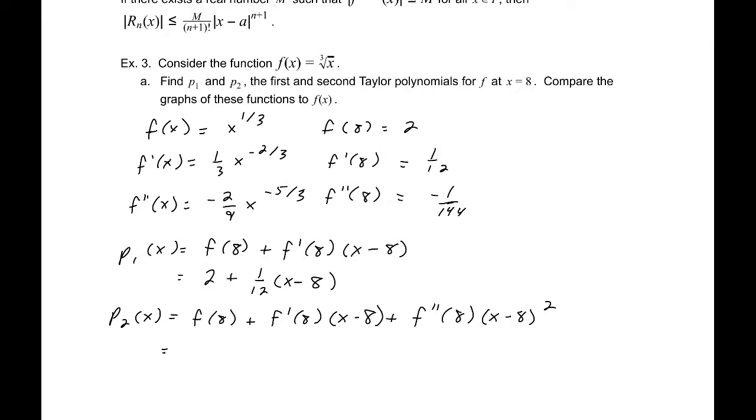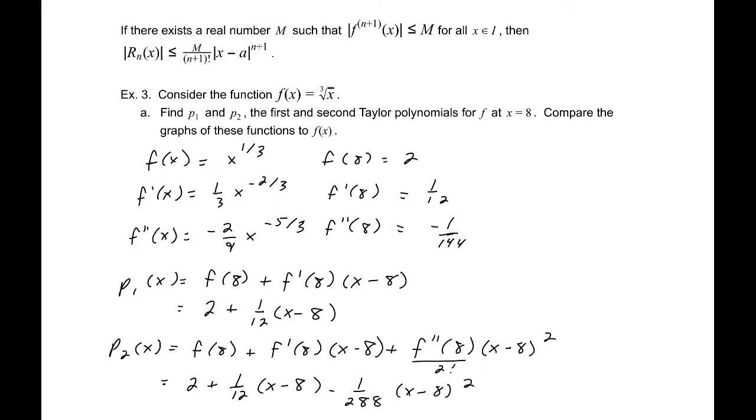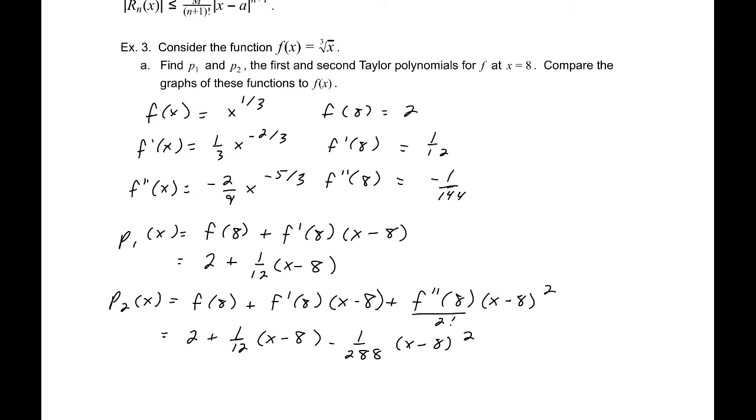Which means we have 2 plus 1/12 times x minus 8 minus, once we divide by our 2 factorial there, this will be minus 1 over 288 times x minus 8 squared. Actually, I'm not going to compare the graphs here. We did that plenty before, so ignore that.